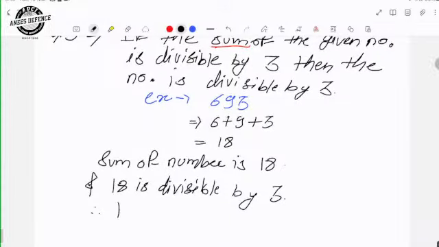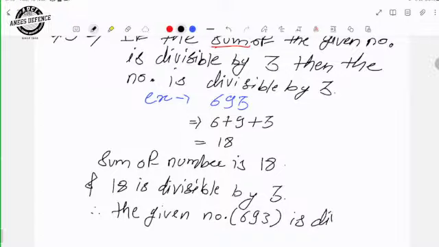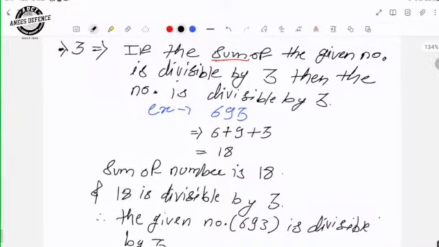Therefore, the given number 693 is divisible by 3. You get my point, everyone? Yes, sir. Okay, so note it down, please.